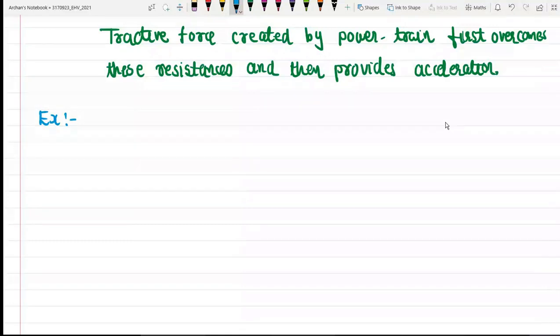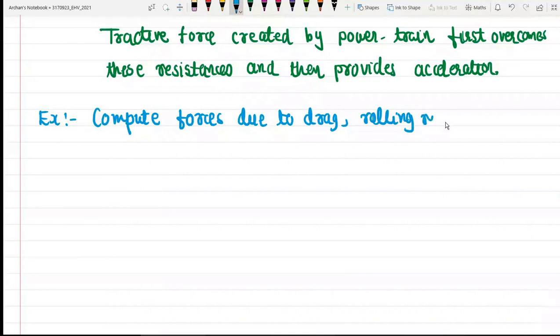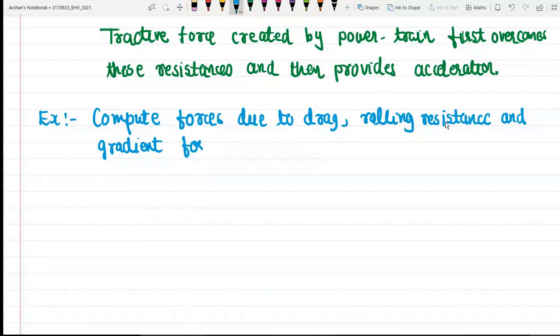Okay, so we have to compute forces due to drag, rolling resistance, and gradient for the following vehicles.